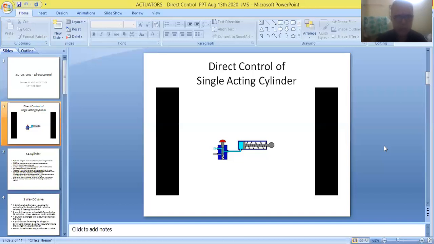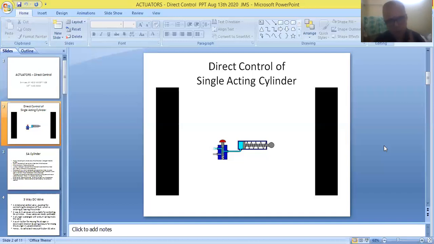And secondly, in the next phase, the fluid will be leaving the cylinder for performing the return stroke of the piston.